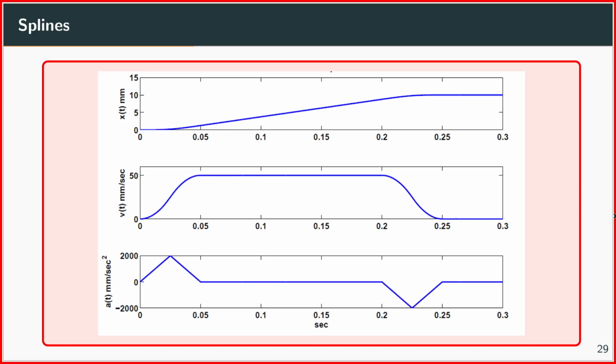The velocity, when you derive this, you get this velocity profile. And if you derive this velocity profile, you get this acceleration profile where we have in the beginning a small linear increase, and in the end also a small decrease to bring down the velocity. So if you look at all those three functions, what kind of differentiability class do you think this function will be in?